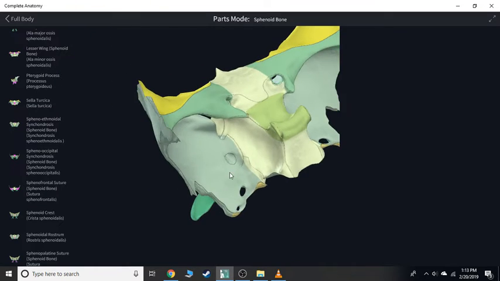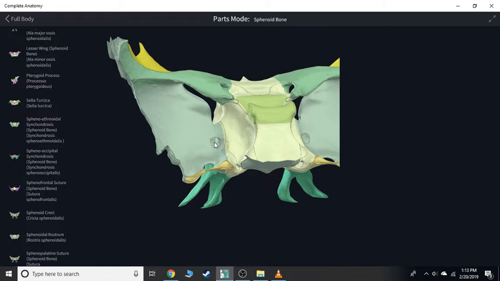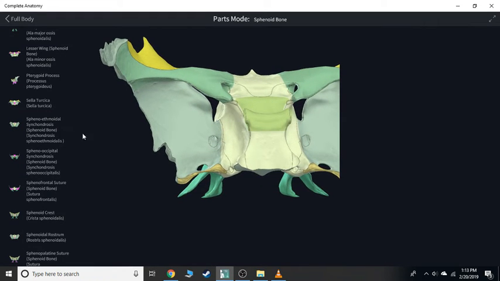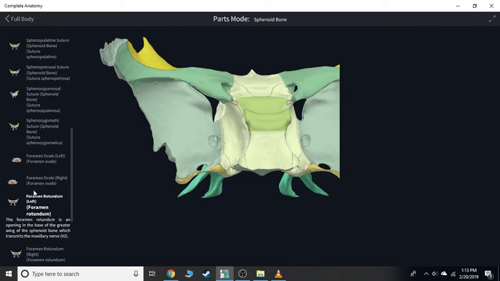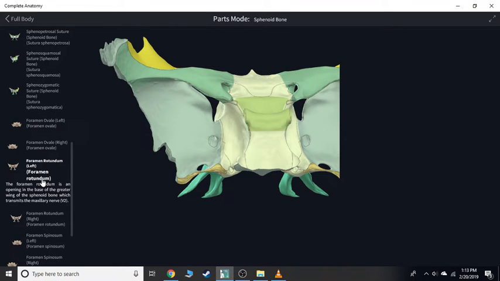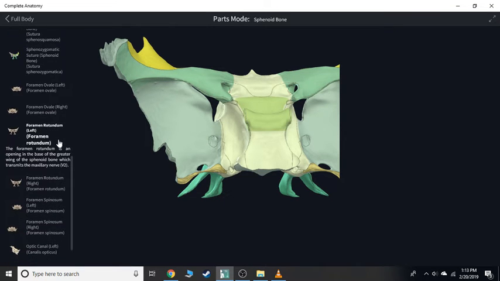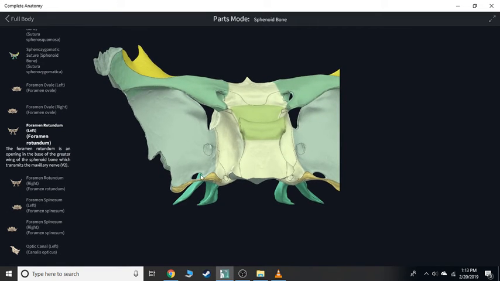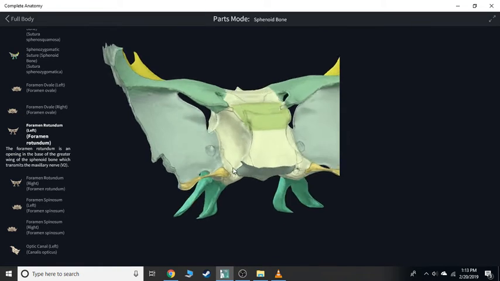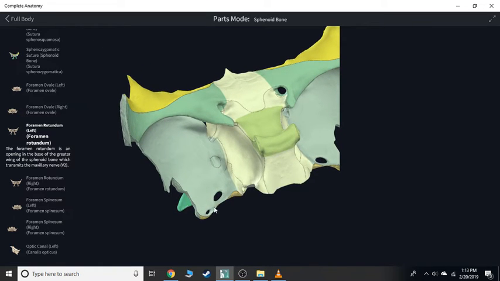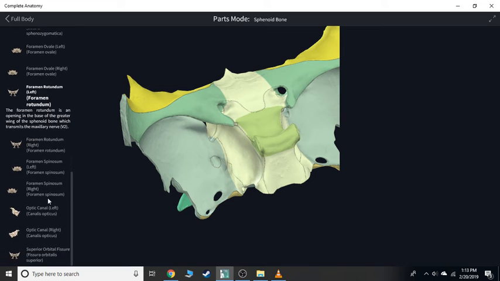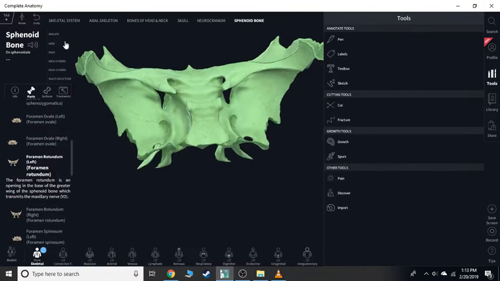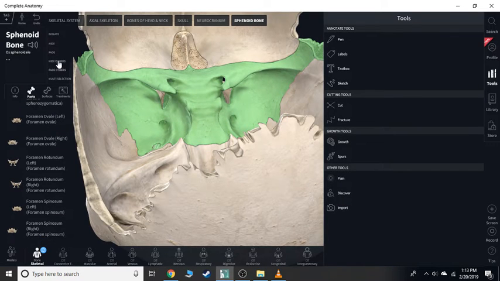No, that's the optic. I believe this is the foramen rotundum. Then the foramen ovale, and then the foramen spinosum. Or no, spinosum's over here. Okay. Not that I really think you need to know that. I'm just being overly detailed.